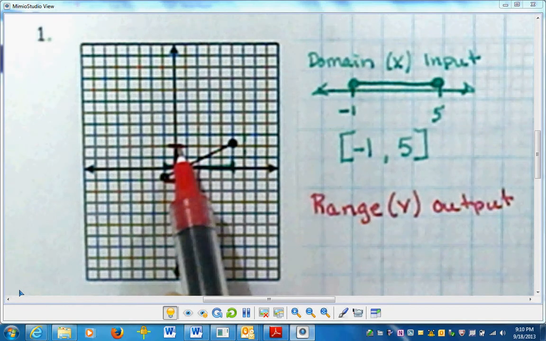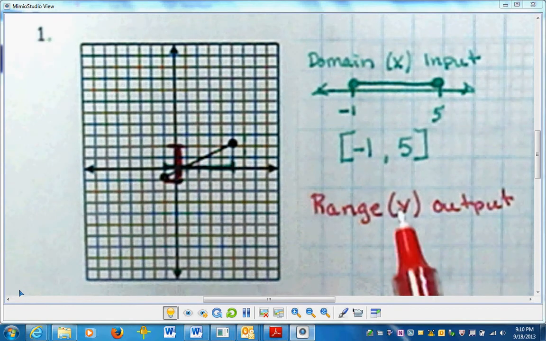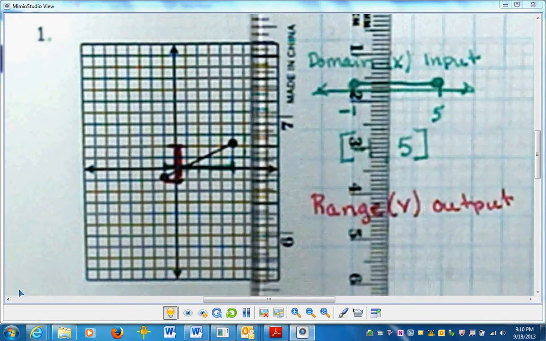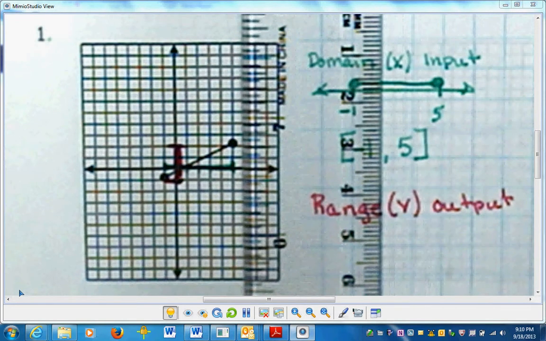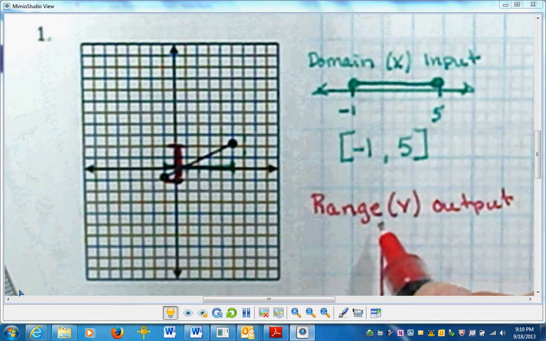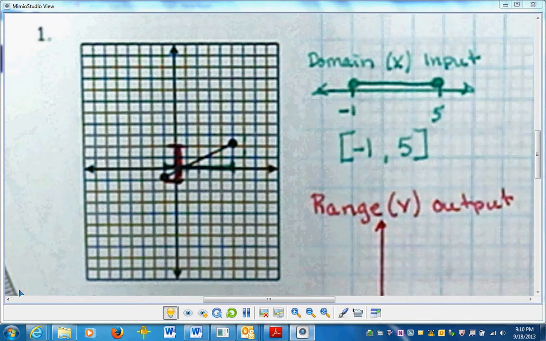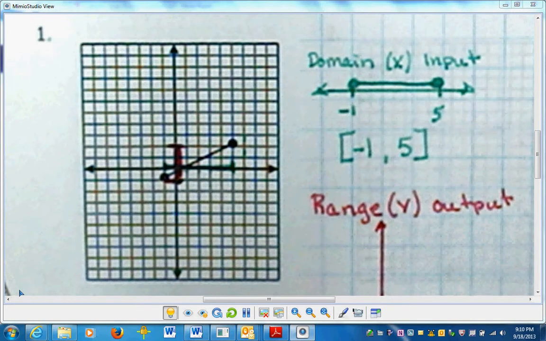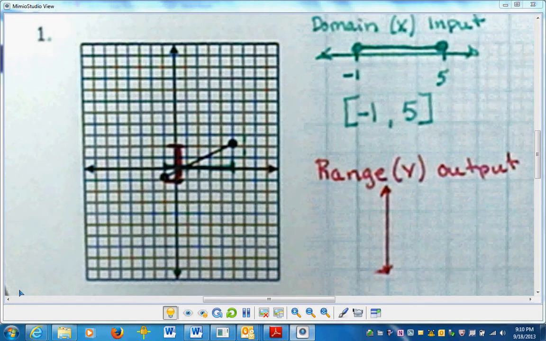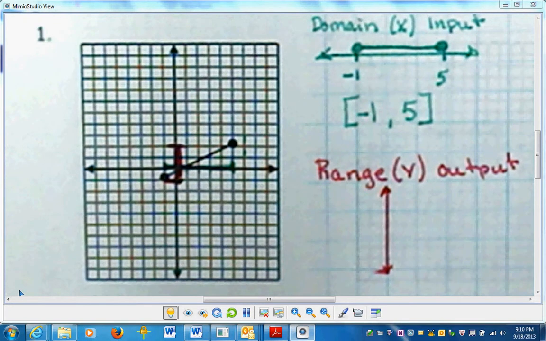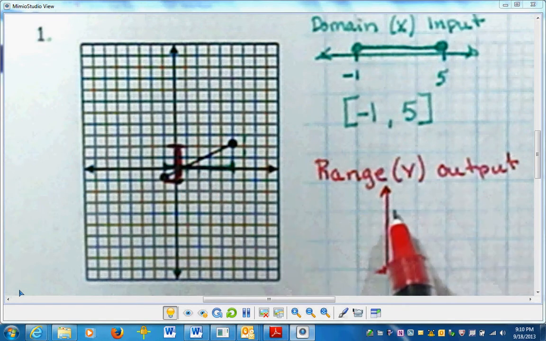So my lowest y value in that function is -1, and my highest y value in that function is 2. So this time I'm going to draw my y-axis, which is vertical. So this is now my y-axis, and my lowest number on my y-axis is -1, and my highest number is 2.